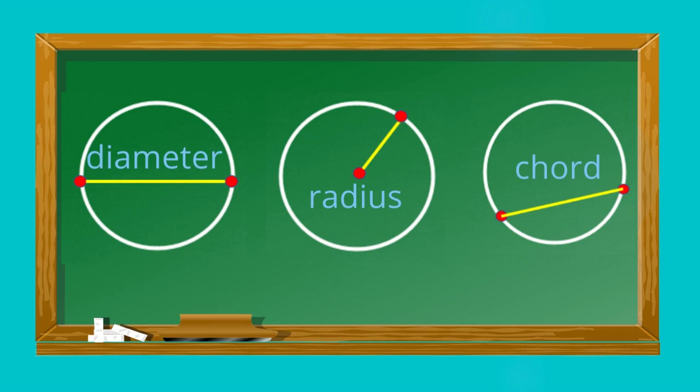Again, the diameter passes through the center of the circle. Next, the radius: one of its endpoints is on the circle and the other one is the center of the circle. While the chord, the endpoints are on the circle and it does not pass through the center of the circle.